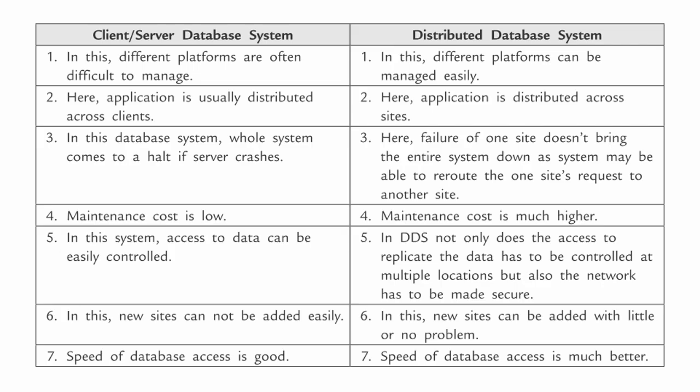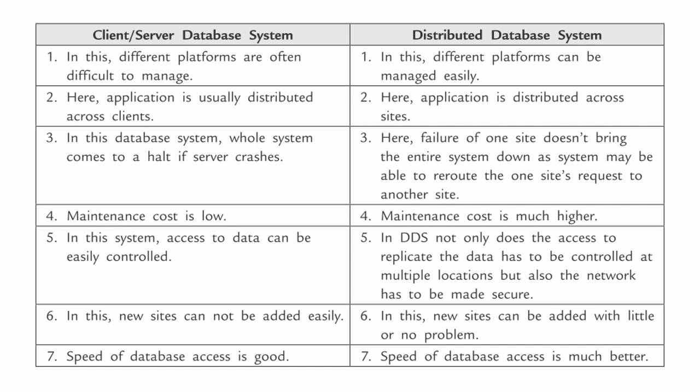Talking about data access control, for client server, controlling data access is relatively straightforward within a centralized system, while for distributed database systems, managing data access and replication across multiple locations requires robust security measures and control mechanisms.